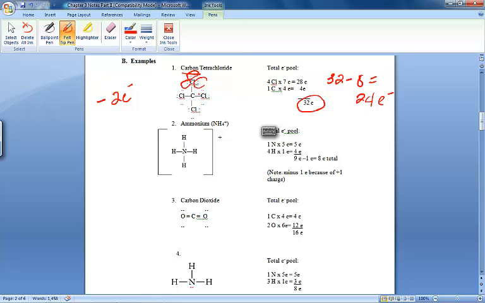Each chlorine is in the same position, so they each need to be given 6 electrons in the form of 3 pairs. 2, 4, 6, and the bond gives it 8. So 6 here, 6 here, 6 here, and 6 here. That's the 24, and there is 24.